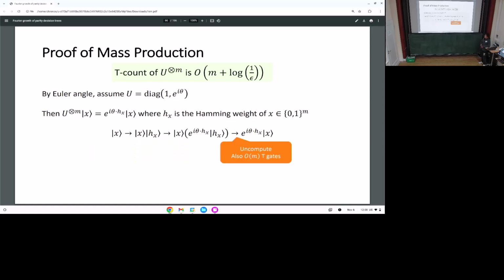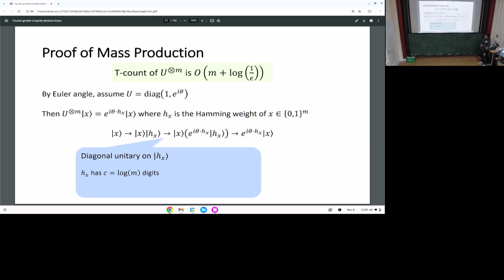And the third step is the uncompute, which is the same as the first procedure, so it's the same order n T gates. And the middle step is a diagonal unitary because you only look at this second register. The diagonal unitary will act on this c equals log m digits, and we know the cost to implement it.